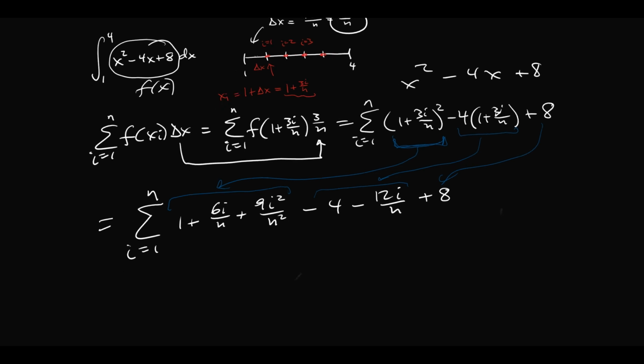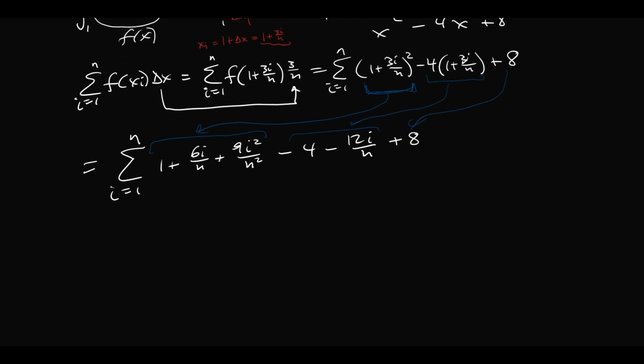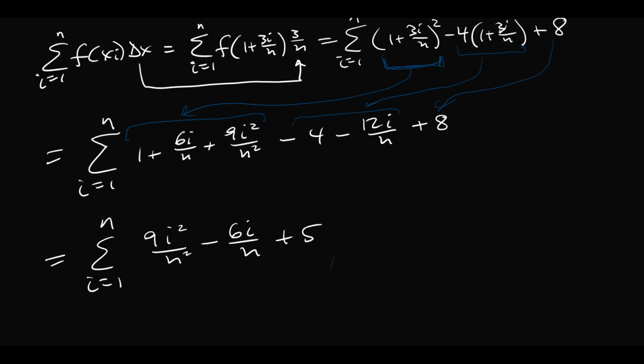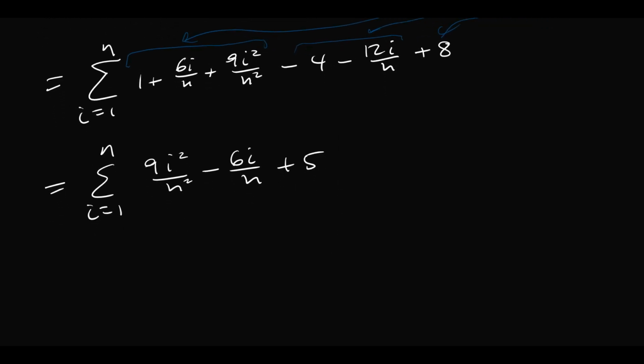So I have that, and now I'm going to combine terms, which I did right here, and now I can split this up. See that the variable here is i. The only thing that's changing is i, right? Not n. So anything that doesn't have an i in it can come out. So this is 9 over n squared, sum i squared, minus 6 over n, sum i, plus sum 5.